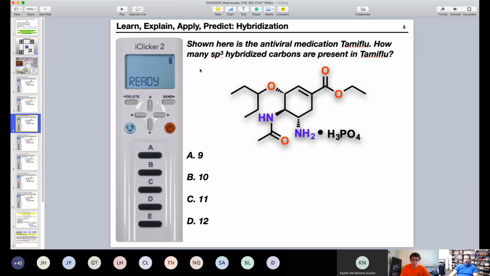Okay, so new question, how many sp3 hybridized carbons are present in Tamiflu?